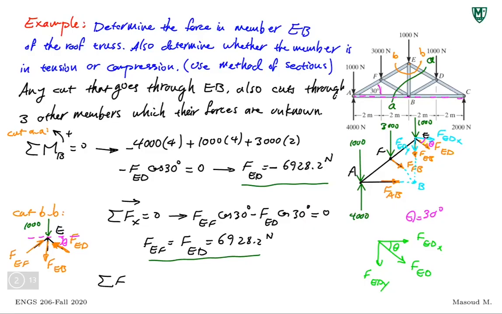We can write this in Y direction and take this as positive. This becomes minus 1000 minus FEB plus FEF sine theta plus FED sine theta is equal to 0.